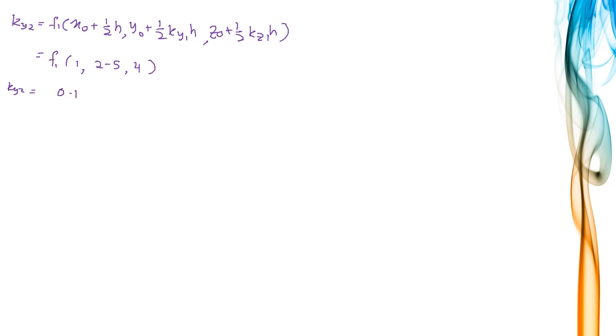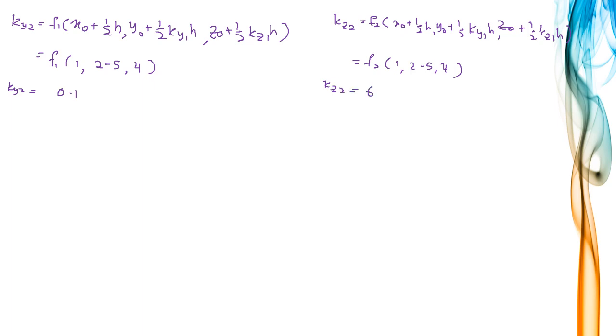How about kz2? kz2 is equal to f2 with the same arguments, so f2(1, 2.5, 4). I substitute into f2 and I will have kz2 is equal to 6.5.